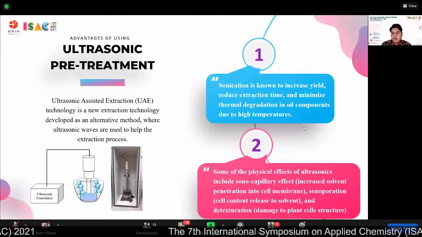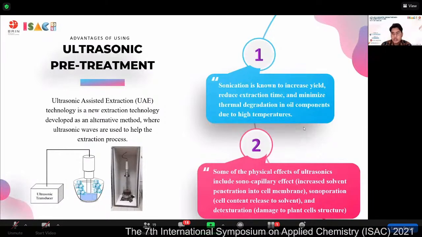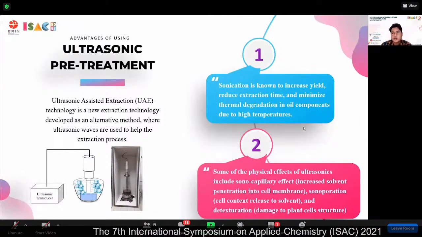There are also some physical effects of ultrasonic, including sonocapillary effect, sonoporation, and detexturation, which damage plant cell structure and increase the yield of essential oil.